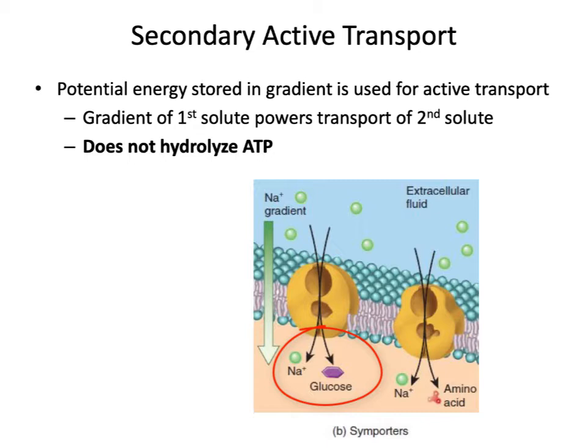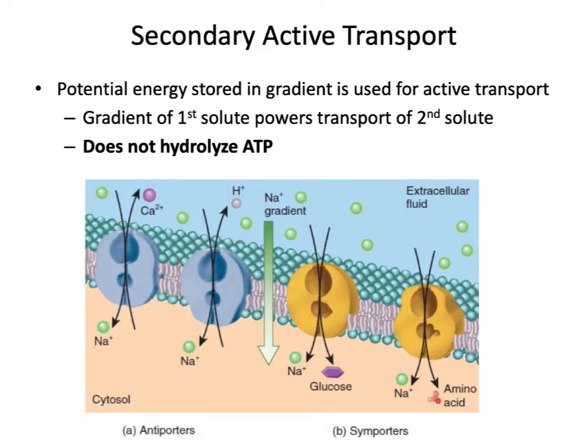Glucose is being pulled against its gradient. So this type of transport is active transport. We are not directly using ATP hydrolysis to power the movement of glucose. Because both molecules are moving in the same direction, these types of proteins are called symporters.